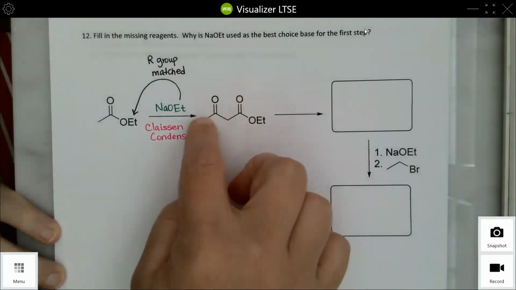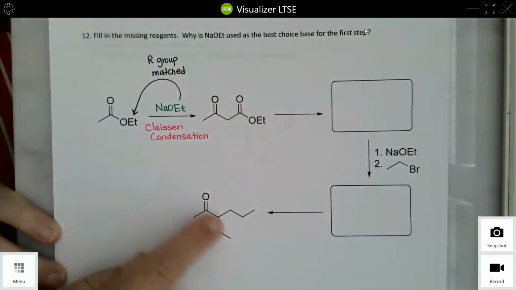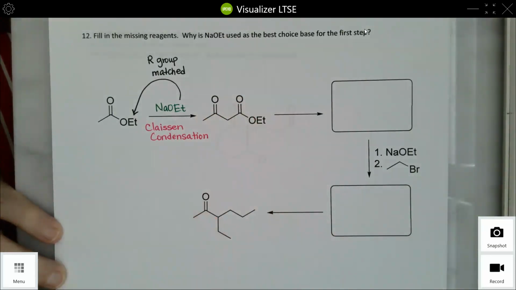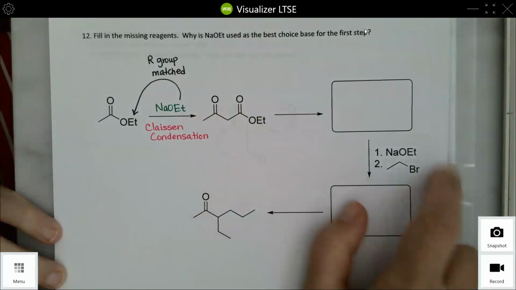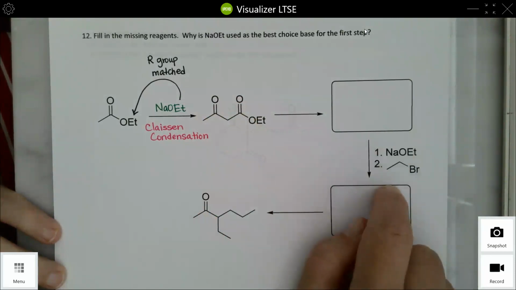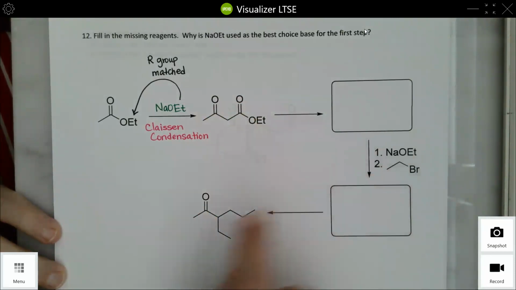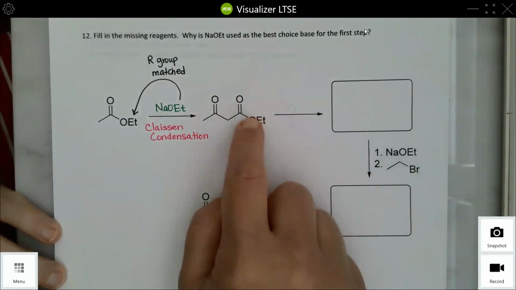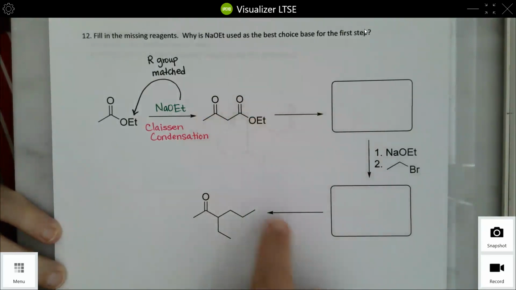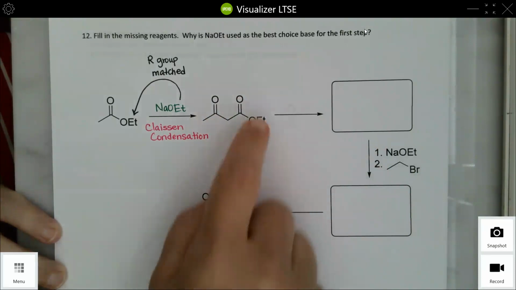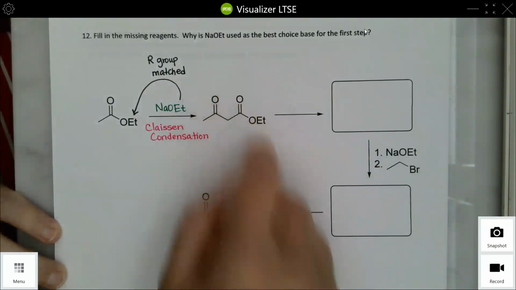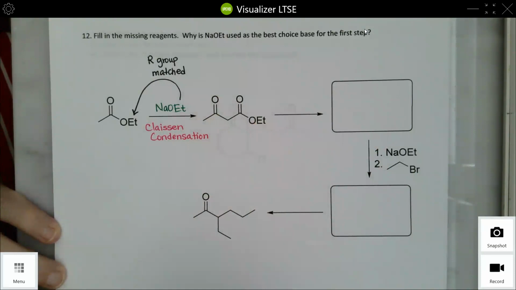And this is the methyl ketone that is still in the product. So it shows us that we're going to add the ethyl group last, which means that we're going to add the propyl group first. And then the last step will be the hydrolysis of this ester and decarboxylation to get to the methyl ketone product.